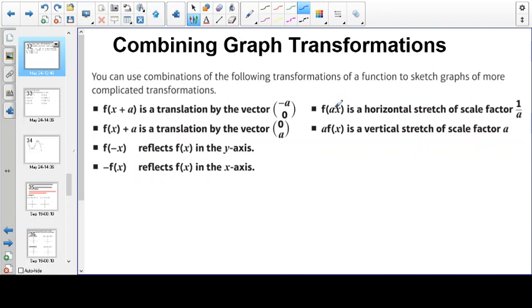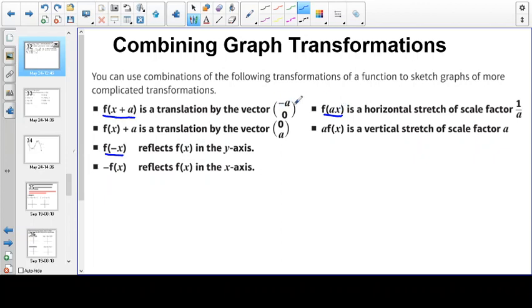And if there is a multiple of a constant, then that is a stretch. And just to remind you that if the transformation notation goes into the function, so if the algebra is adapted by it going into the function, then that's going to affect the x coordinates.